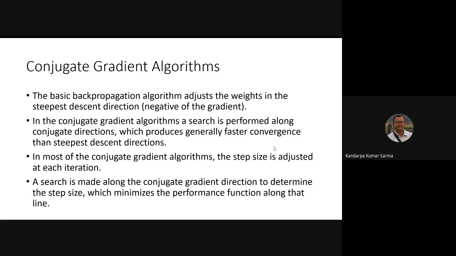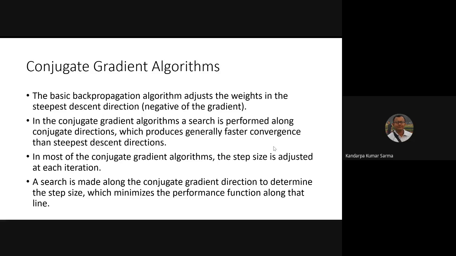So this particular search in the positive direction of the gradient or in the negative direction of the gradient shall take place in a conjugate manner, and this particular conjugate search will calculate or will find a value for which the network must guarantee a faster convergence.